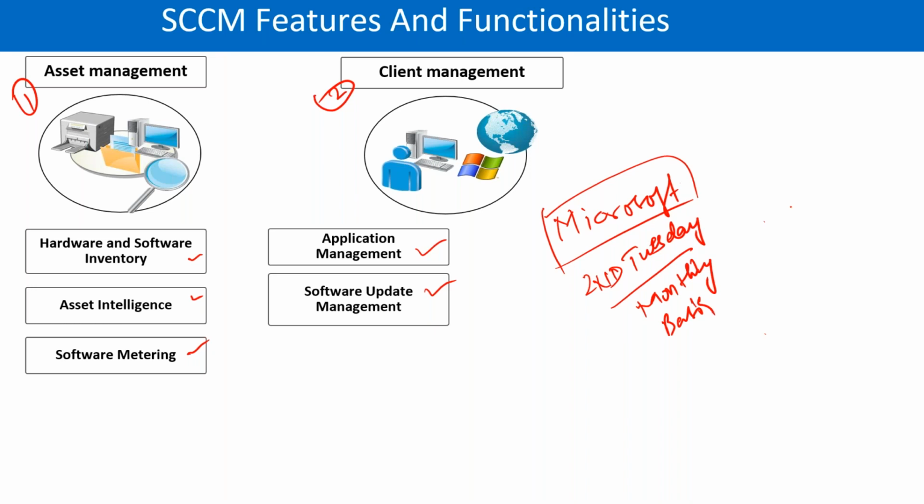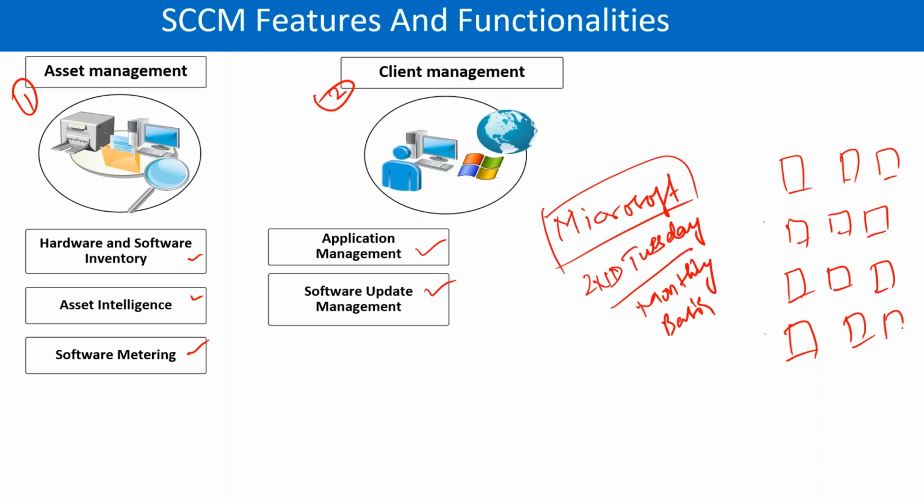Now if you have an office with Windows 10, Windows 7, Windows Server, say 50,000 devices, and you need to update them, either you update manually, one by one, or you can ask a user to connect to the internet and do it themselves, or you can do it through SCCM.